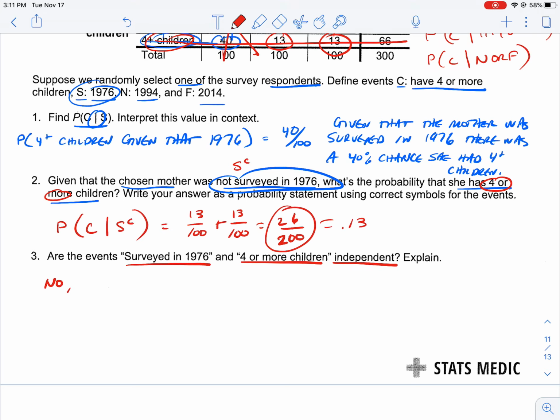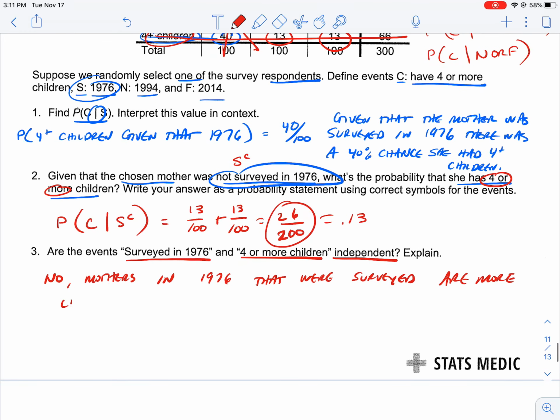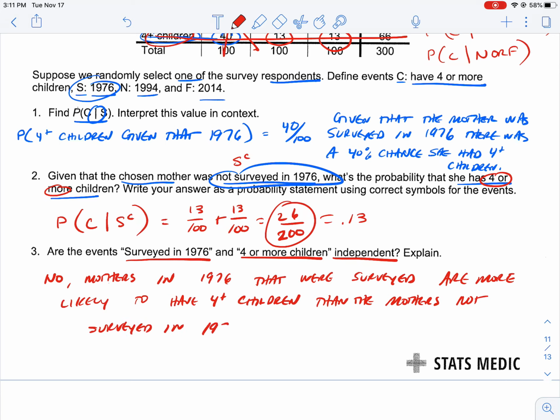And so what we would say here is no, they're not independent, because mothers in 1976 that were surveyed are more likely to have 4+ children than the mothers not surveyed in 1976.